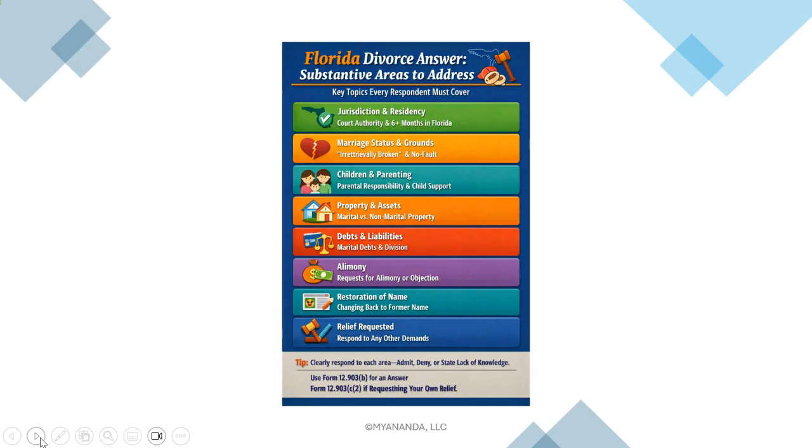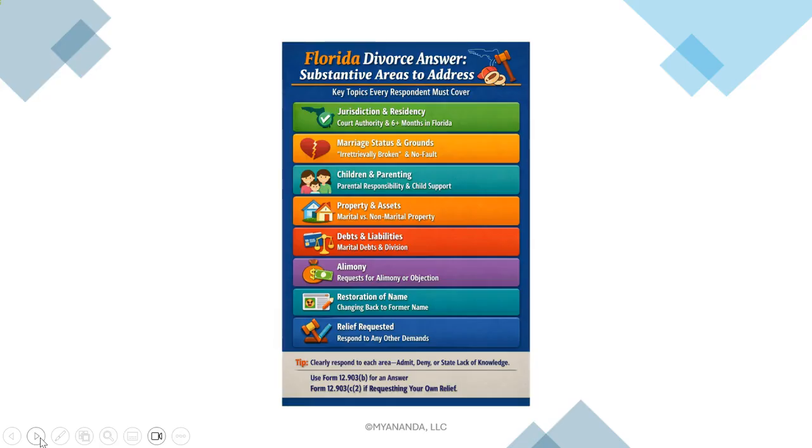And then petitioners many times will ask in their petition for dissolution for the restoration of their former name, their former last name. And then, as in civil procedure, they have to ask for relief. There has to be a prayer for relief at the end, the wherefore clause, if you will. That's what we call that in civil procedures class, in my world anyway.